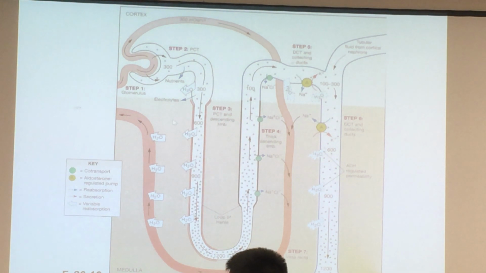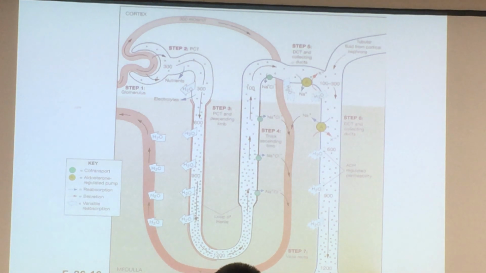It shows you the descending limb of the loop of Henle and the nearby peritubular capillary. They run as a countercurrent. One moves down and one moves up, so water quickly goes to the medullary tissue, is quickly picked up by the blood capillary, and is sent back. Right?